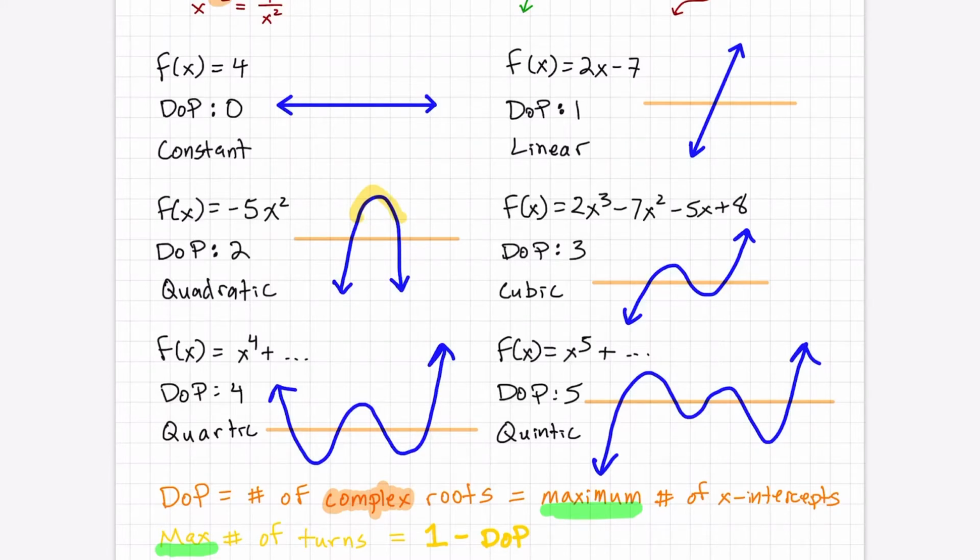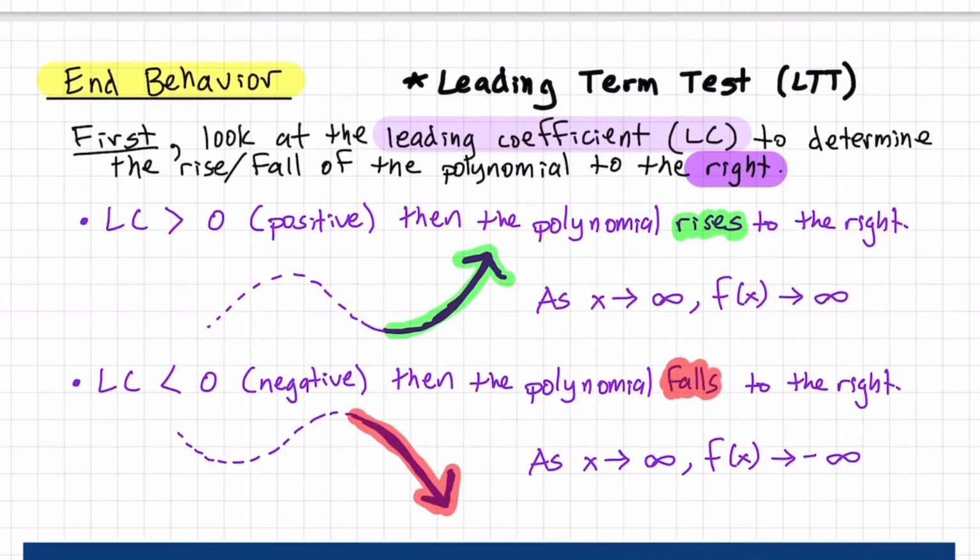The cubic function can have 2 turns. The quartic can have up to 3 turns, and the quintic can have up to 4 turns. So we should be able to see that the maximum number of turns in a polynomial is 1 minus the degree of the polynomial. All right, now let's talk about the end behavior.